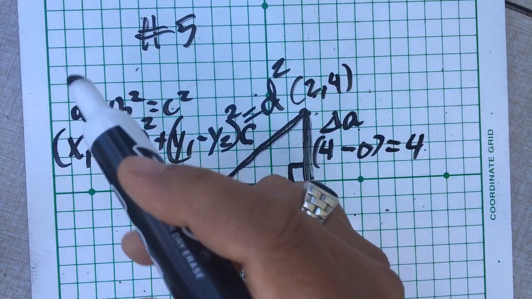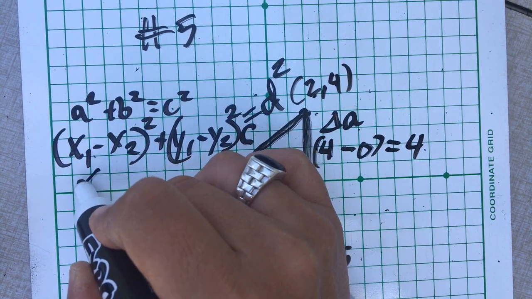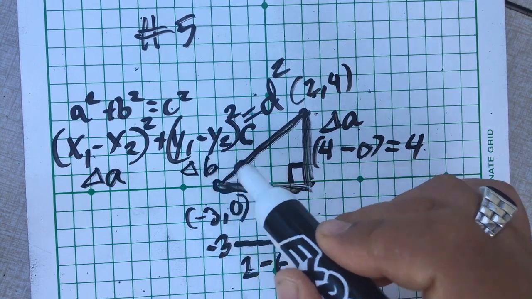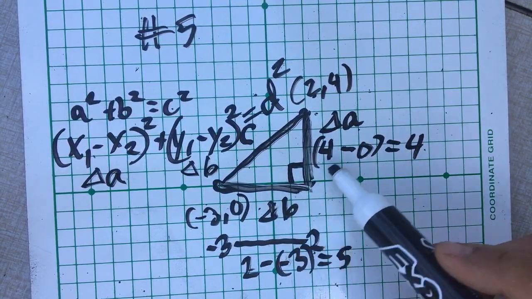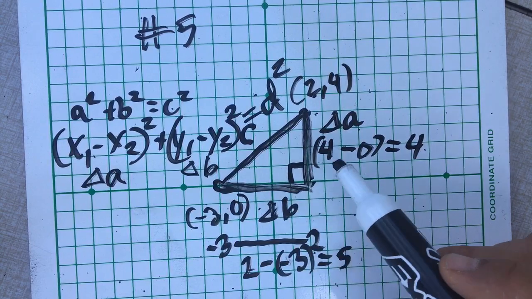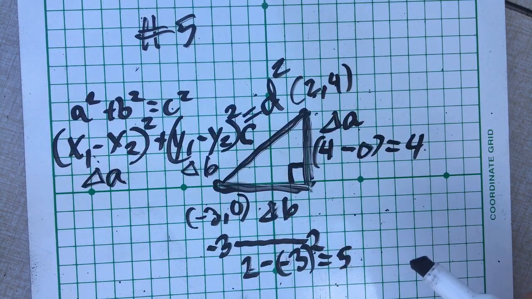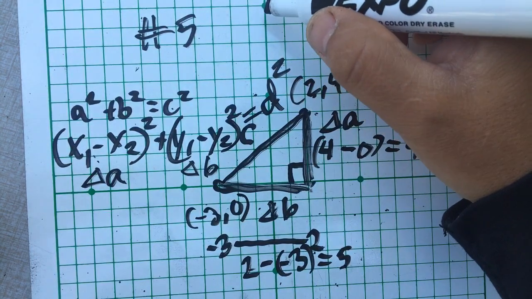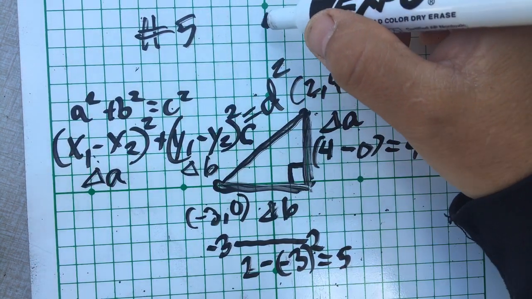This is the A. X values are the change of A, and the Y values are the change of B. Now it doesn't really matter that this one's A or B because one is X or Y, but if you understand the formula. Let me write it a little bit cleaner for you up here up top, making sure that you guys understand what's happening.